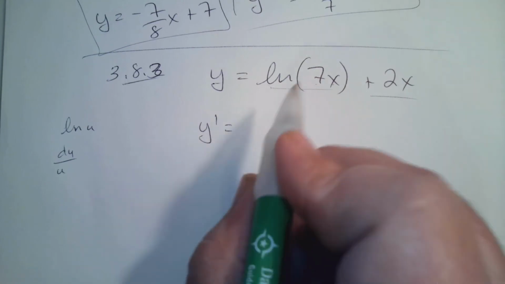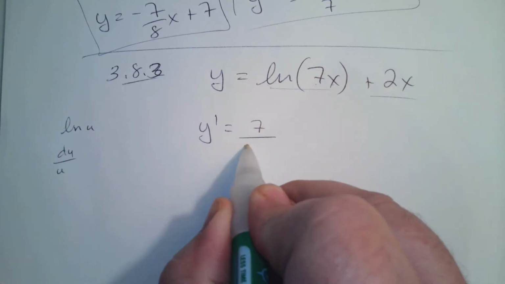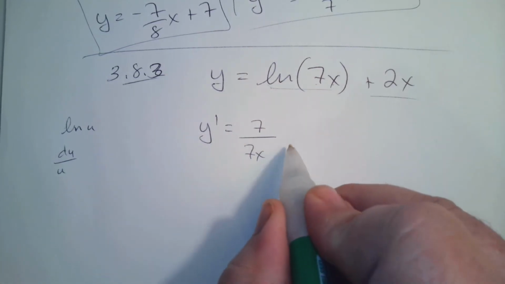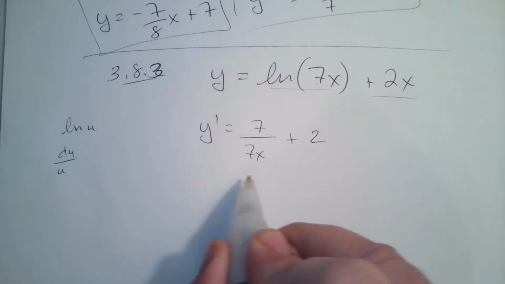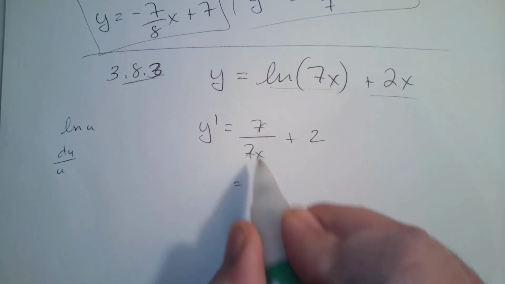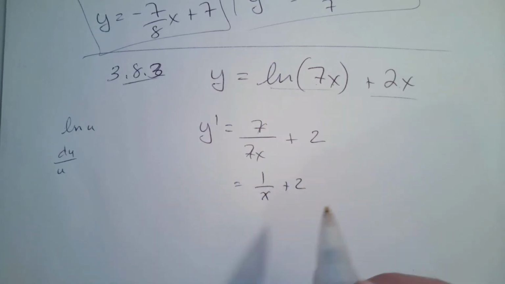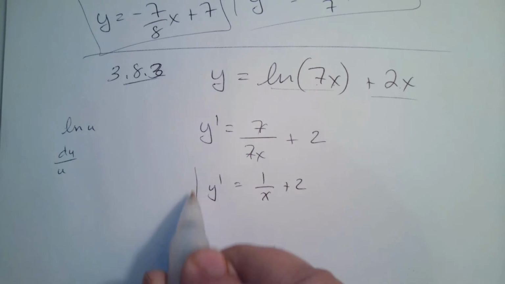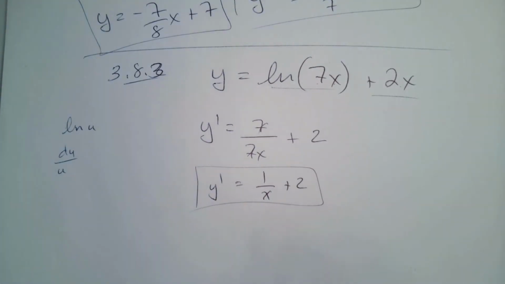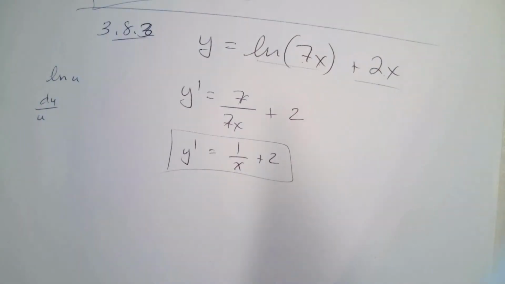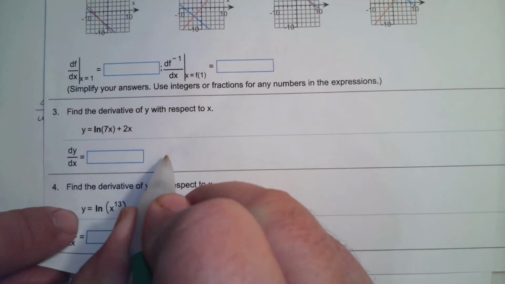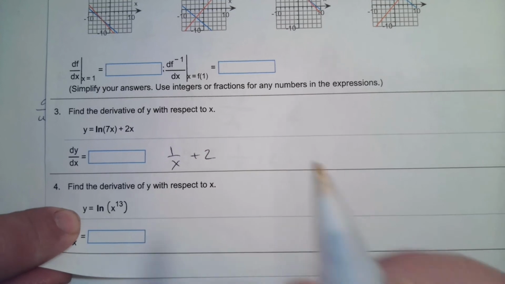So the derivative of 7x is 7 over 7x. The derivative of 2x is 2. The 7's cancel, so I have 1 over x plus 2. So that's that derivative. So the answer is 1 over x plus 2.